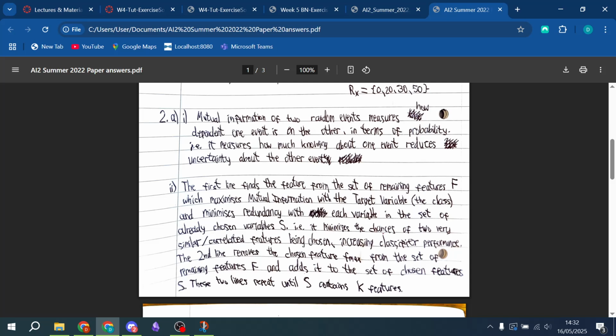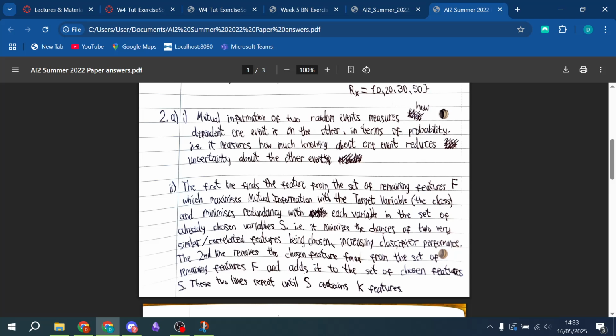Basically, we find the feature which is most similar to the class variable, so which feature is most dependent on it. Or it's the other way around: which feature does the class variable depend on the most? That allows us to find the best one to split on.